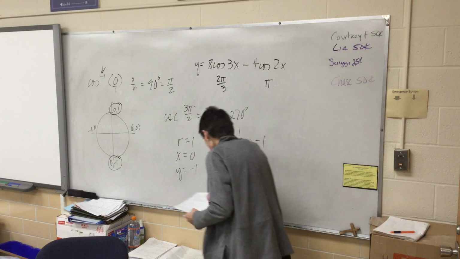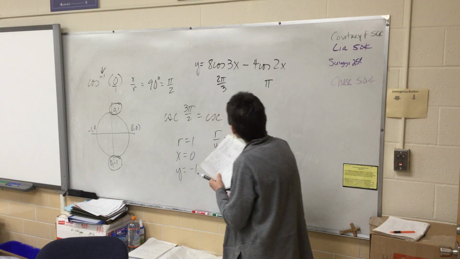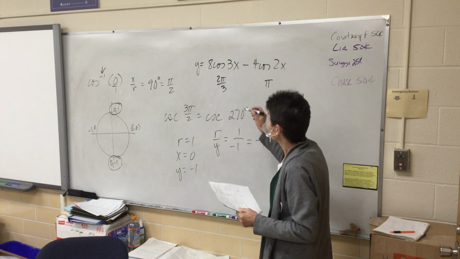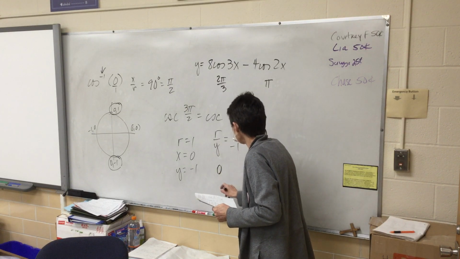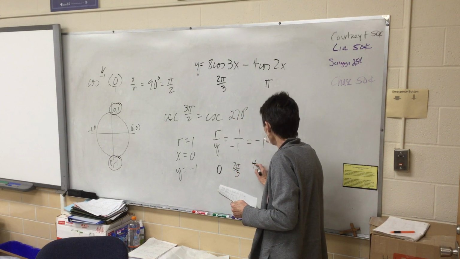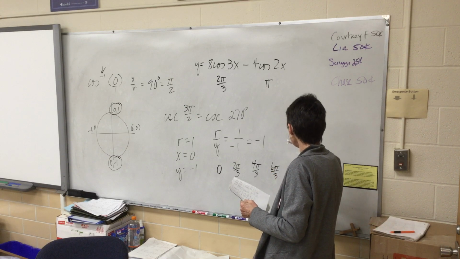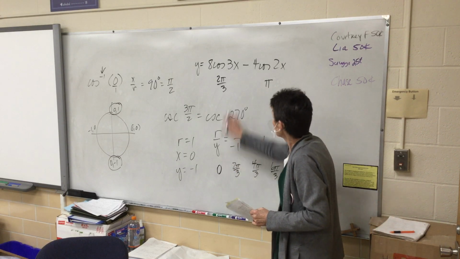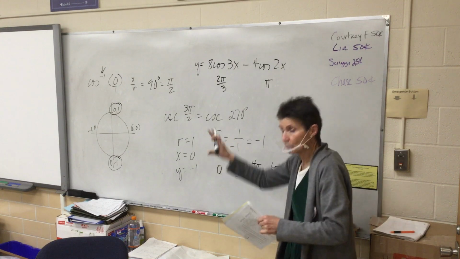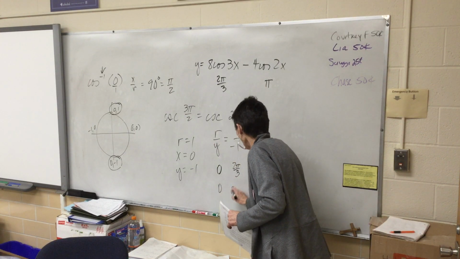So that means that if you were going to draw each piece, the first piece would start again at 2 pi over 3, 4 pi over 3, 6 pi over 3, 8 pi over 3, and so on. This is when that first chunk would repeat itself. This one's going to repeat every pi.